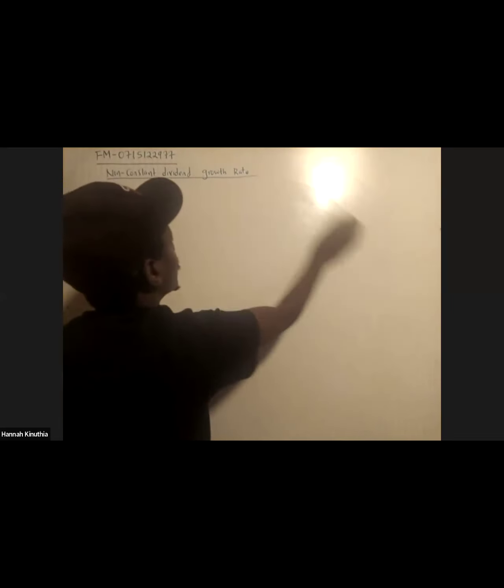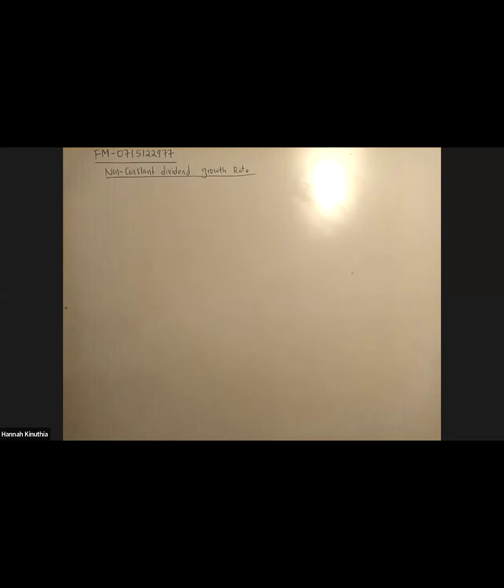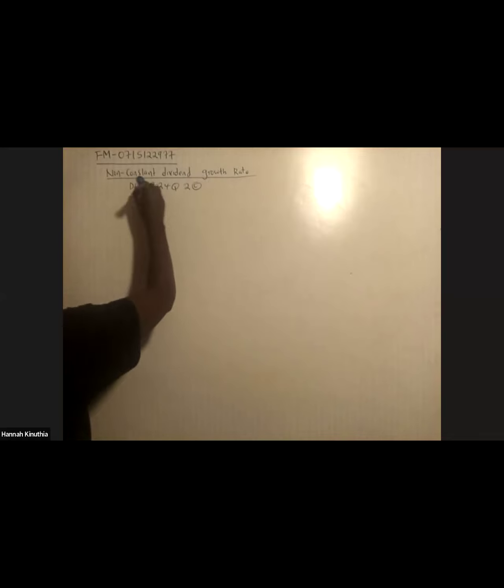So let us do that question together. Let me read the question again. December 2024, question number 2C. Now this is the discounted cash flow method.